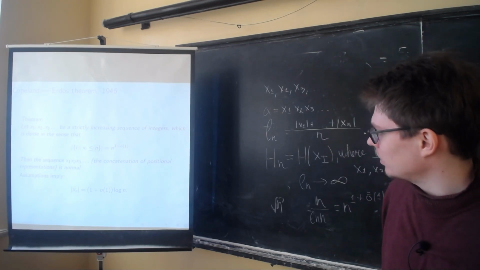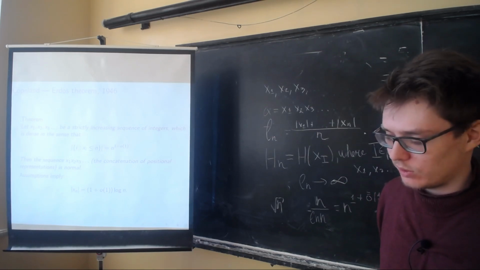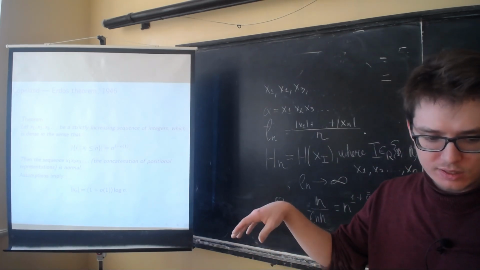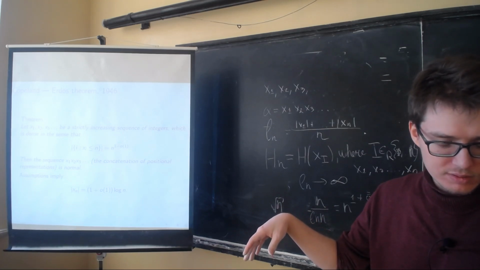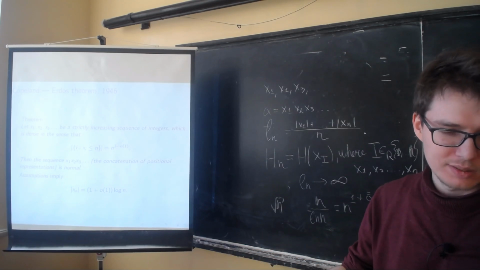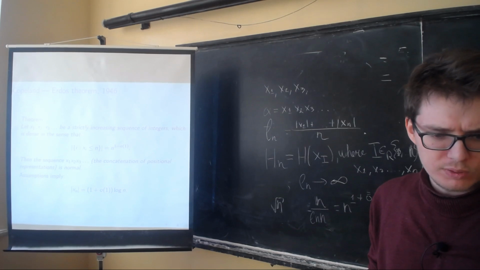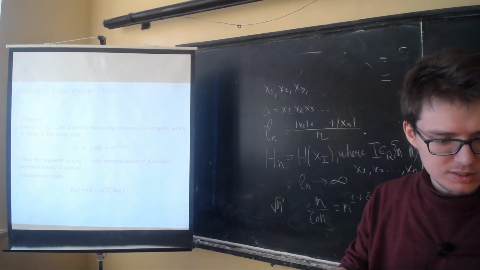But we can do some trick. The idea is that if you take the first n natural numbers, they are kind of random. And if you take a dense subset, then it's also random.